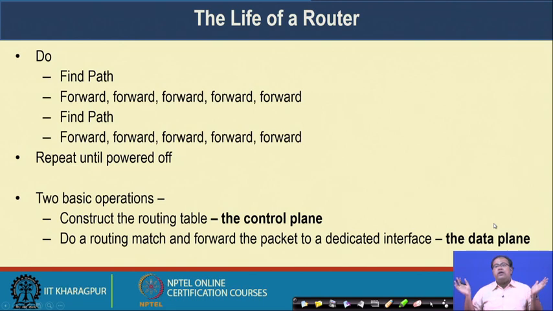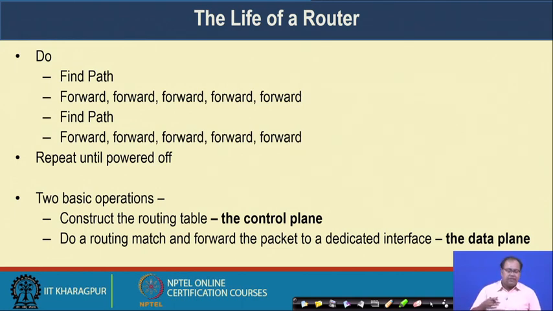So, if you look into the life cycle of a router, apparently it is very simple. You can represent it in the form of a do-repeat loop. You find a path to a particular destination, then you forward multiple packets to that destination.